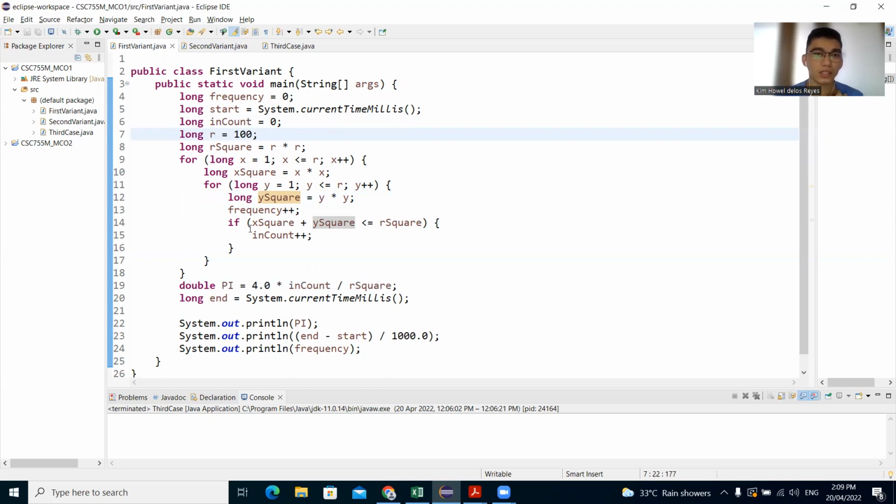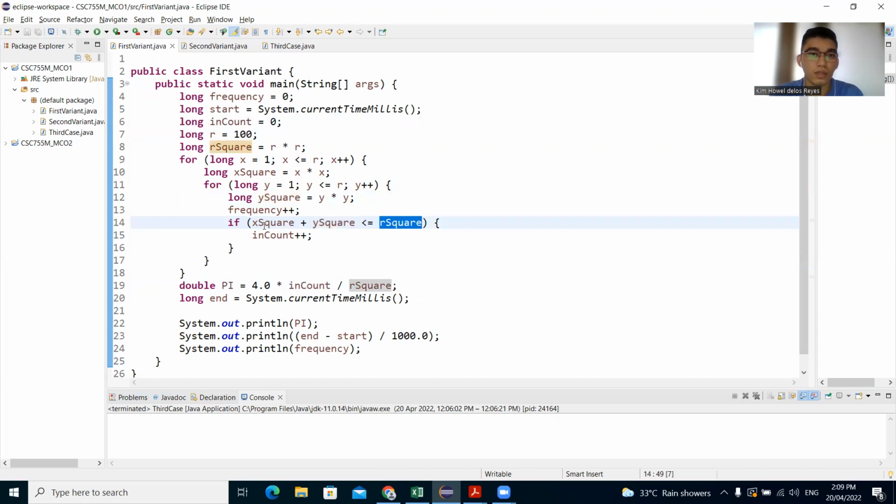Essentially, this is just to get the pair of x and y's with respect to r. So we have x squared and y squared, starting from 1 to r, for all values in there. Then we check if the value is less than or equal to r squared.